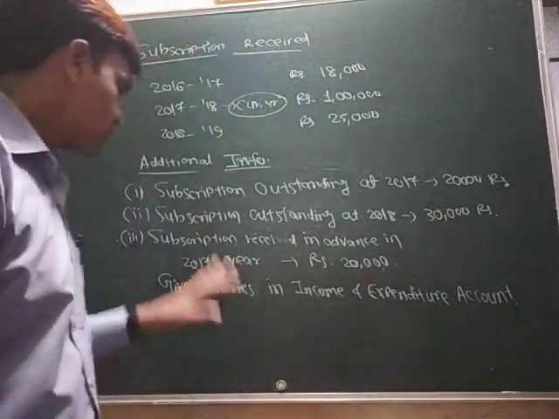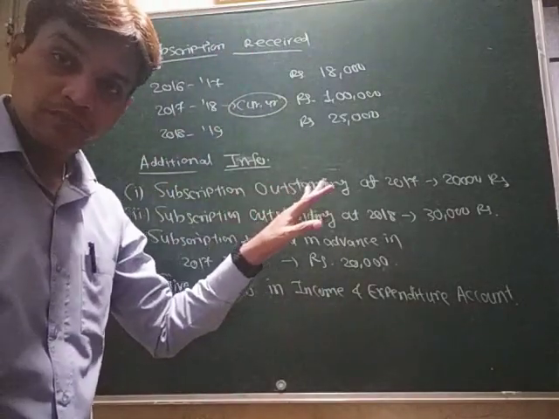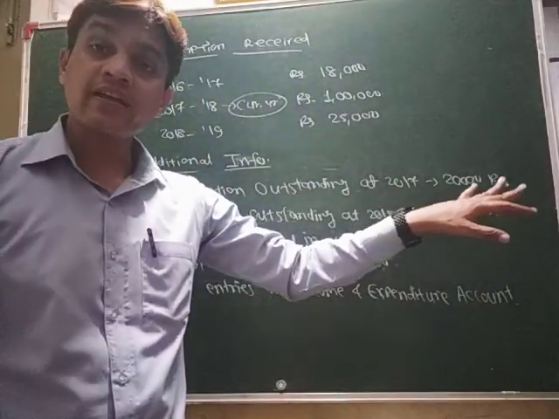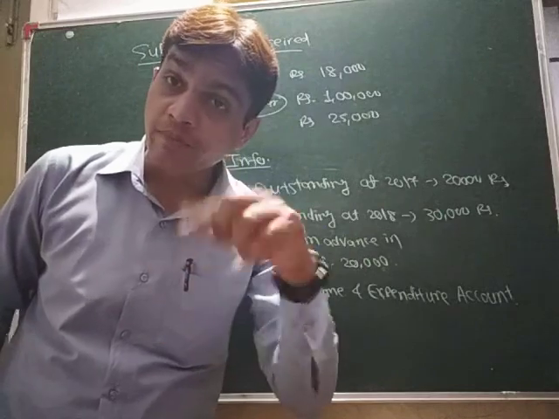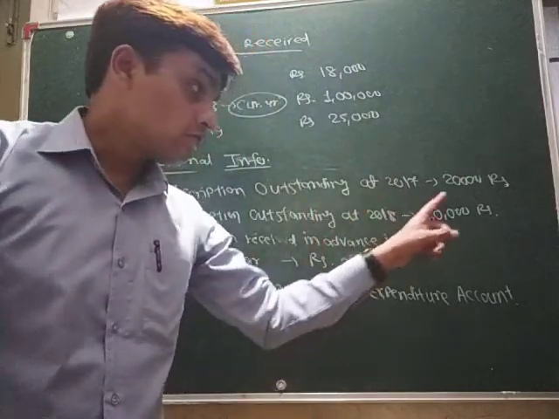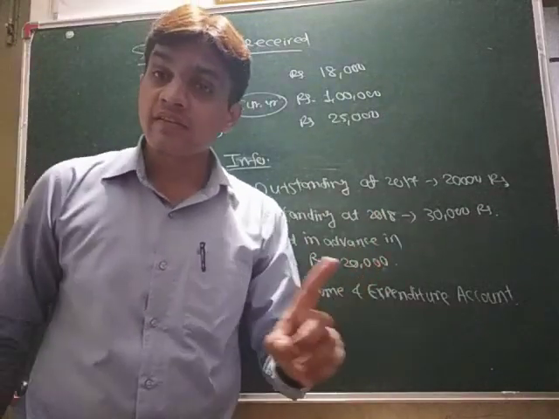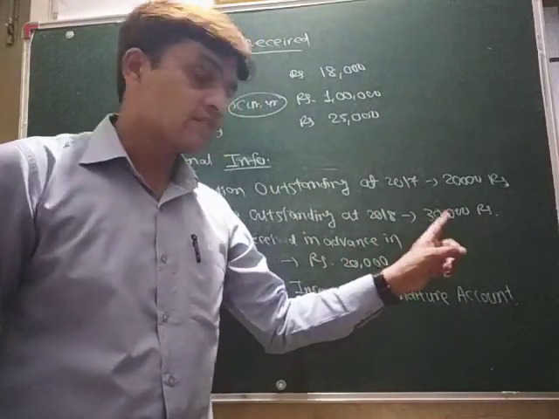There is some additional information also. Subscription outstanding at 2017, which is the previous year, is 20,000. Subscription outstanding at 2018, that is current year outstanding, is 30,000.